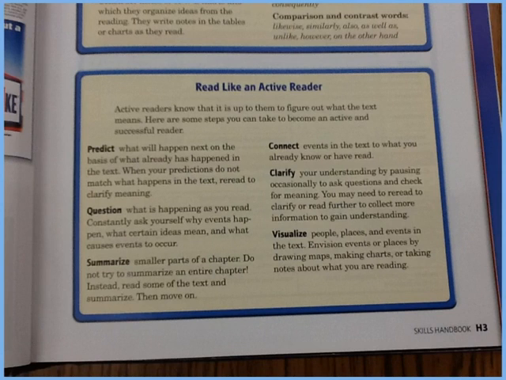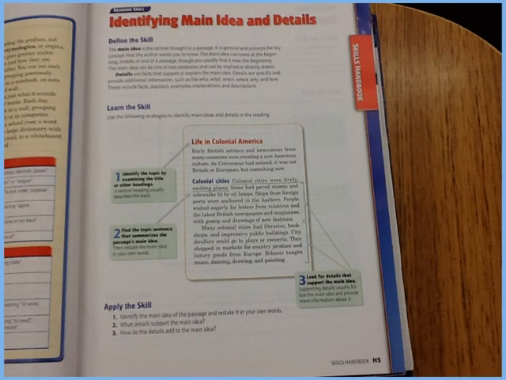It's also always helpful to understand how to be an active reader, how to thoroughly understand what it is that you're going through. Here are some steps that your authors have provided for you. Too many times in history, it's easy to lose sight of the forest and get caught up in the trees. Well, your book also helps you identify the main idea from the details.